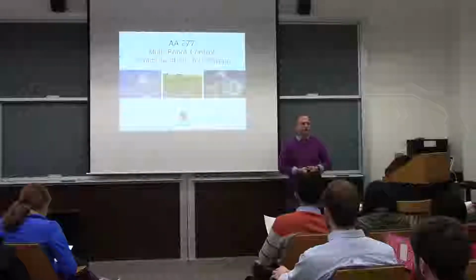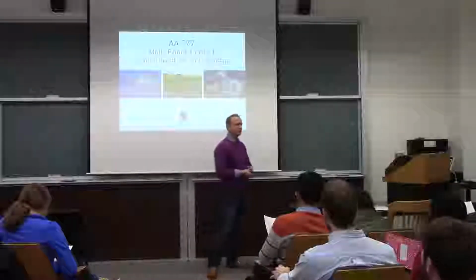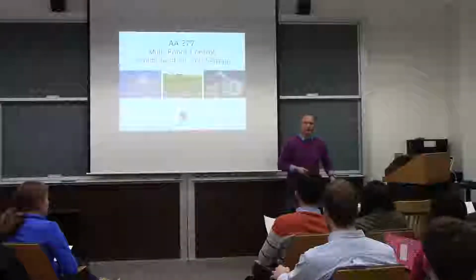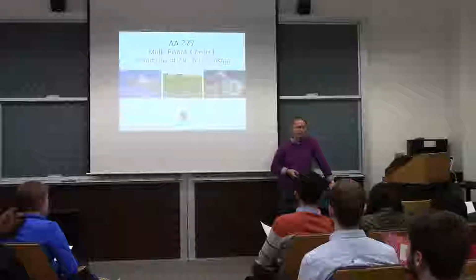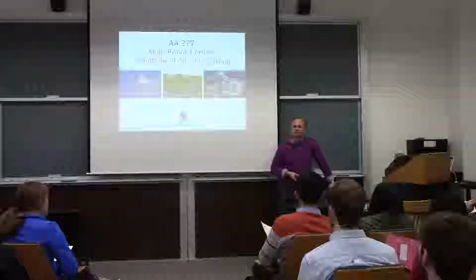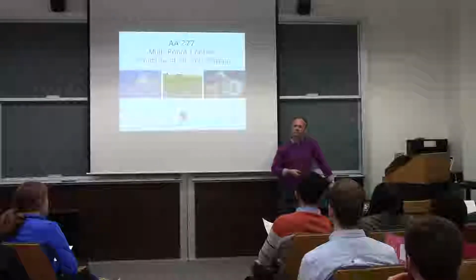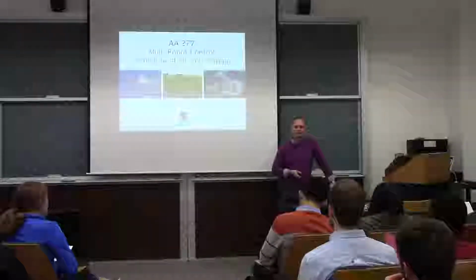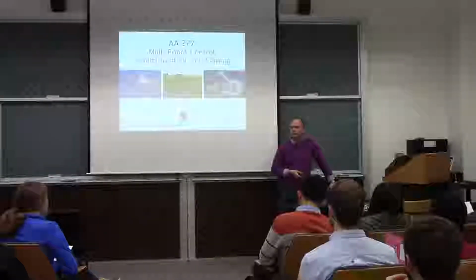So the class that I see here is a bit larger than what I typically expect for AA277. This is really a kind of research seminar focused class. There's going to be a built-in component of discussions, and a major component of the class is a research project.